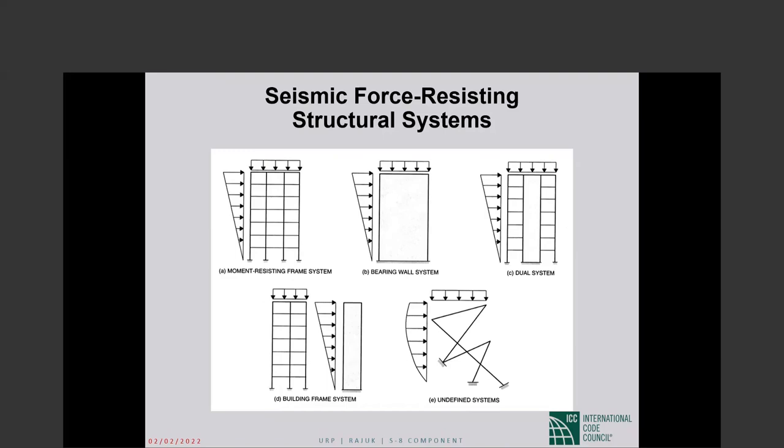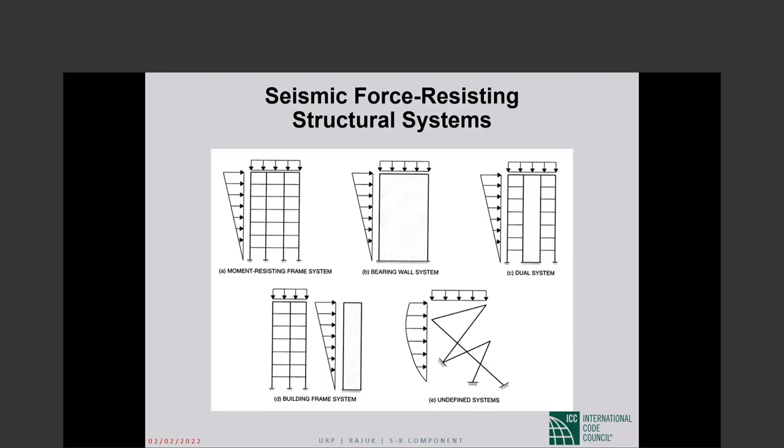The term shear wall, I would like to explain. A shear wall, like any wall, carries gravity loads, but in addition, it resists or carries in-plane lateral loads, in-plane as opposed to out of plane.